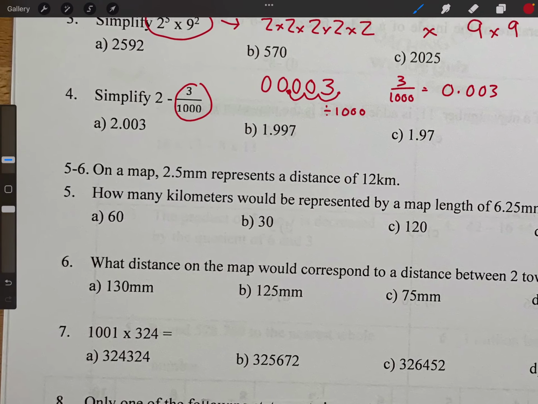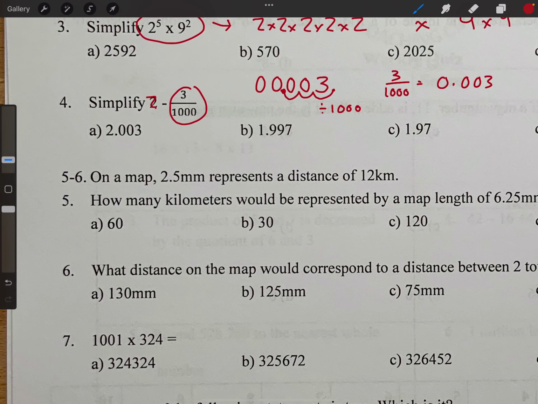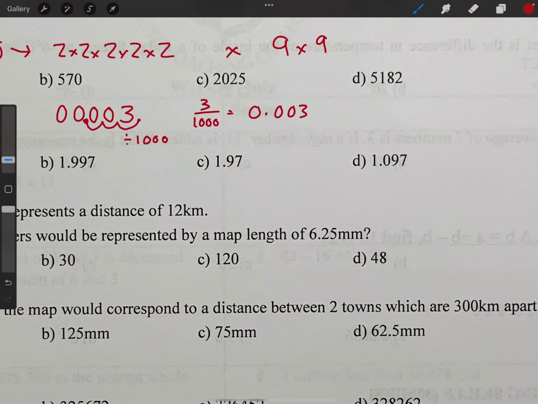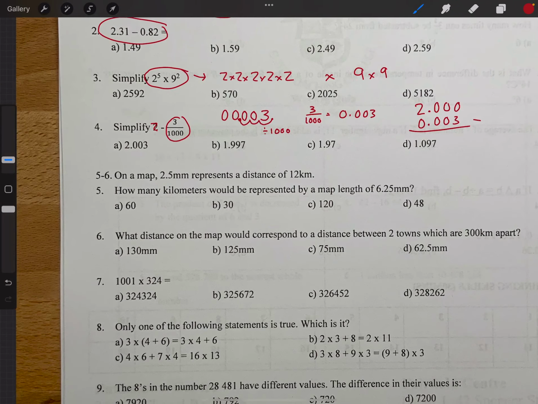So the question is, what is 2 minus 0.003? Let's put in some zeros for this 2 so we see what we get. So minus it, and you will get a decimal number. You can work it out by yourself.